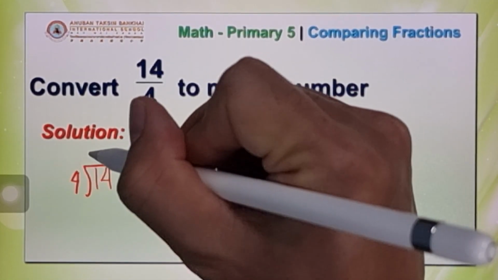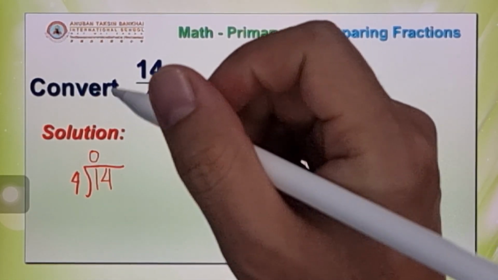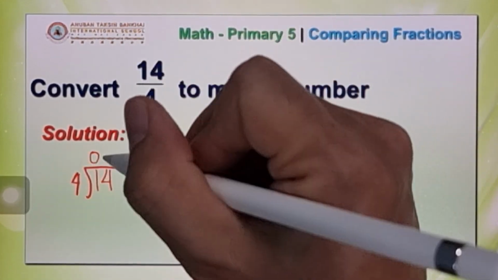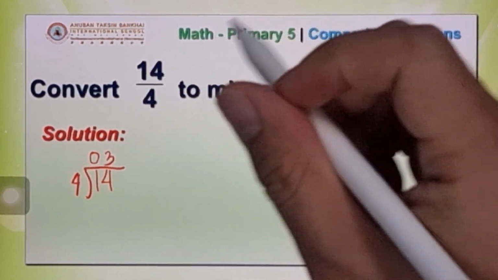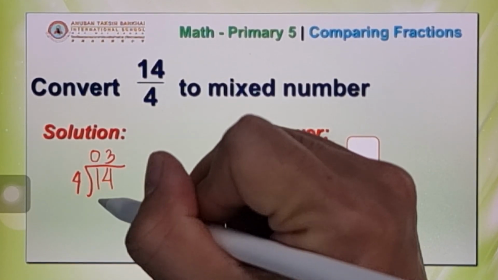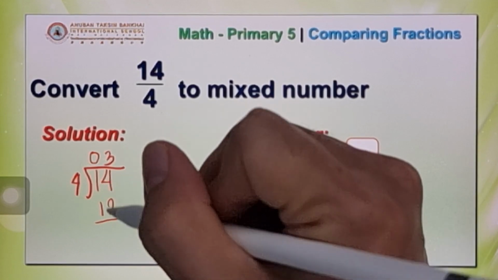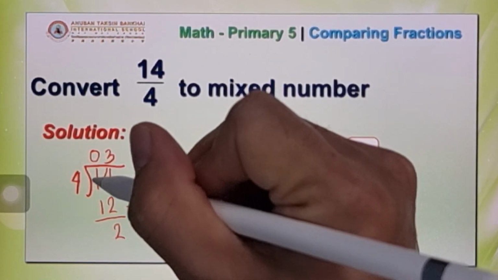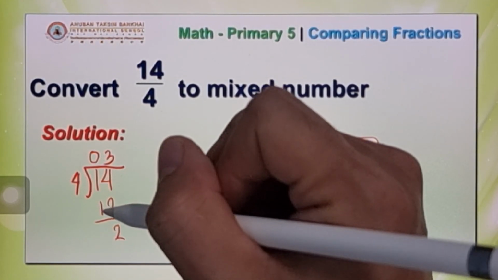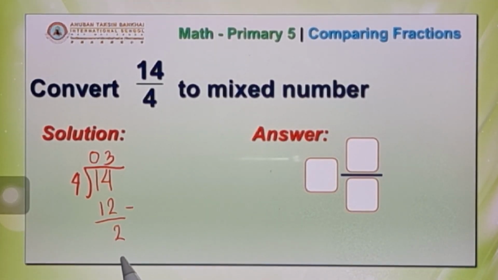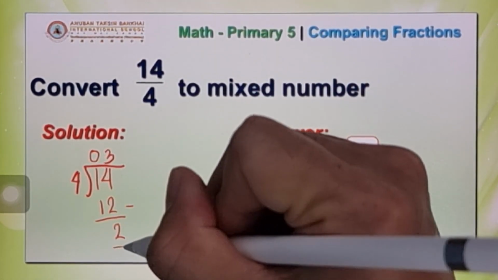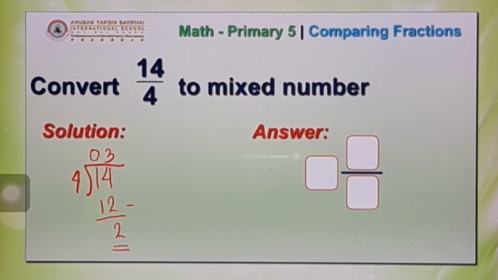Let's have 1 divided by 4, that is 0. Next, we have 14 divided by 4, we have 3. 3 times 4, we have 12. Next, we subtract. 4 minus 2, we have 2. 1 minus 1, we have 0. Now, we cannot divide 2 by 4, so this will be our remainder.